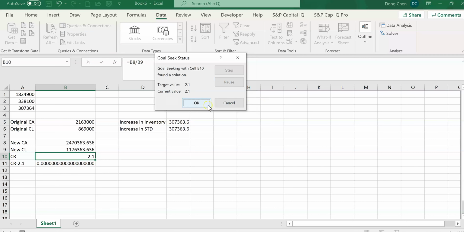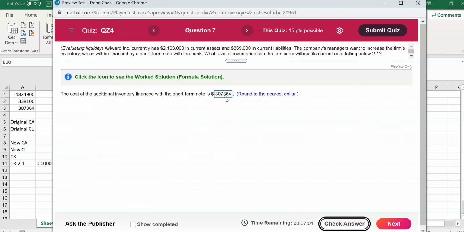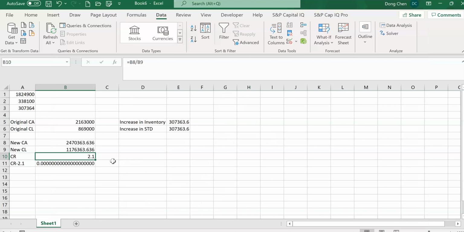Now I think it's working much better, and you can see 307,364, which is actually what we found here. So by changing the precision of Excel for its calculations, we can make this closer to the true value of this problem. I just want to add this note.